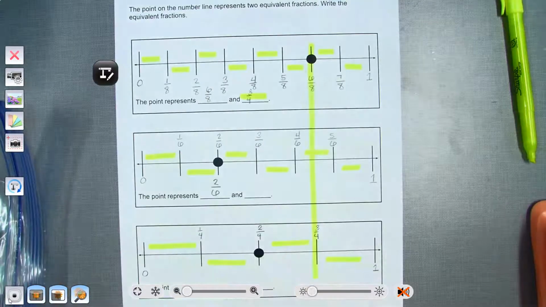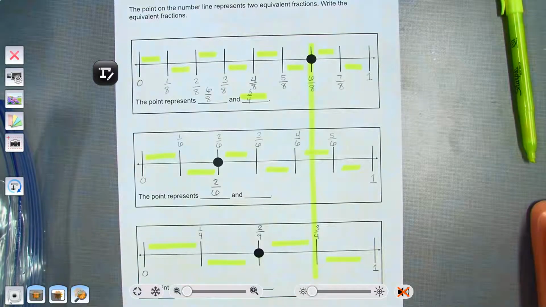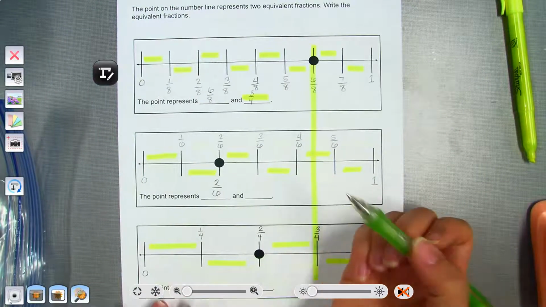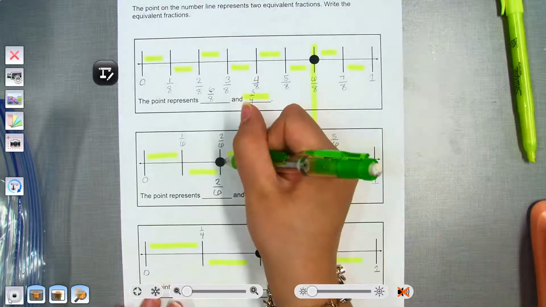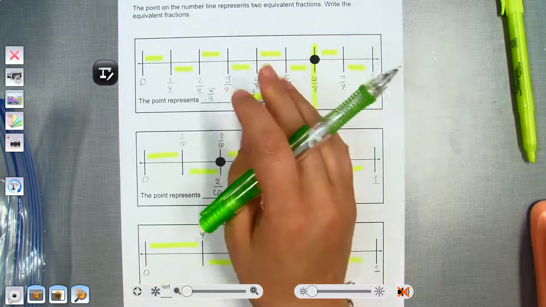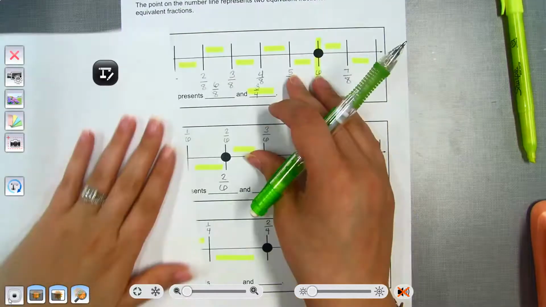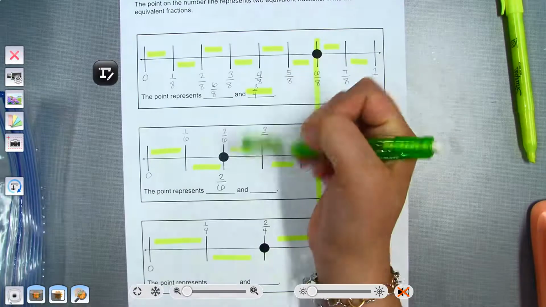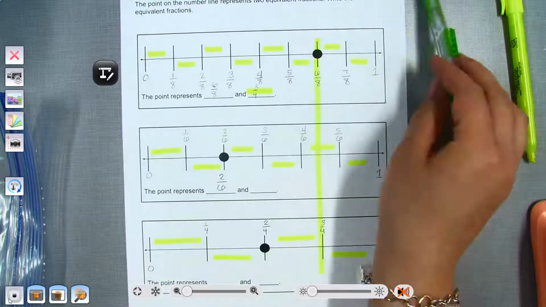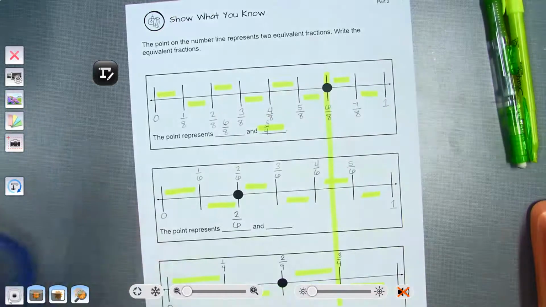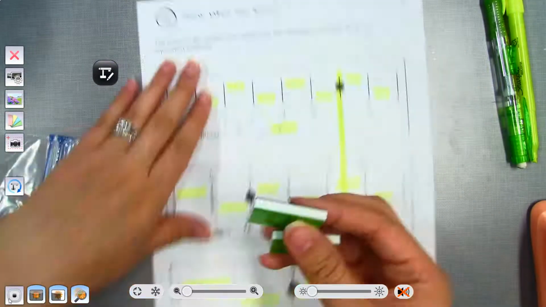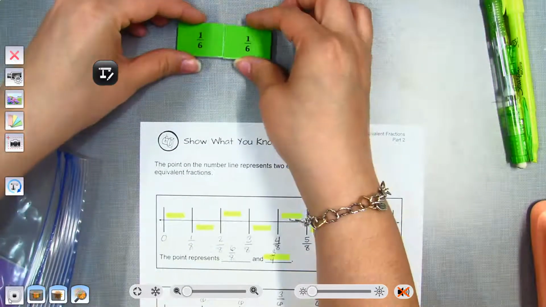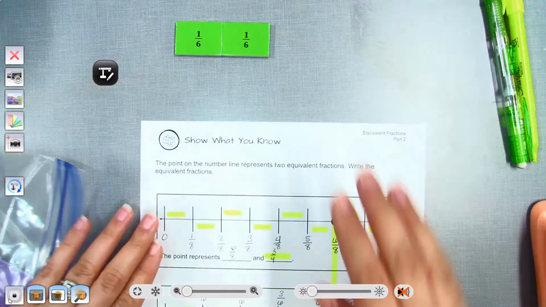Okay, so let's look at 2/6. Here's 2/6. Now, if I were to take a piece of paper and follow that line, there's nothing on eighths and fourths that would match with 2/6. So this is where I'm going to use my fraction strips.